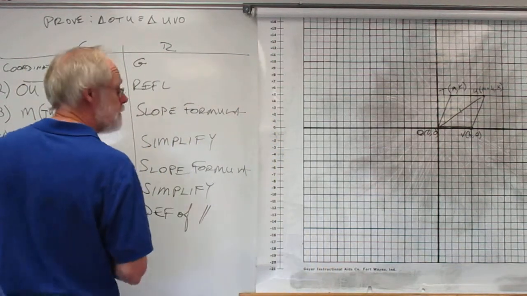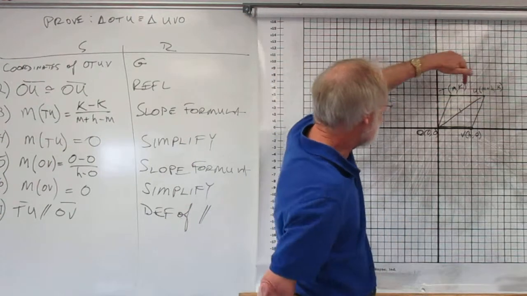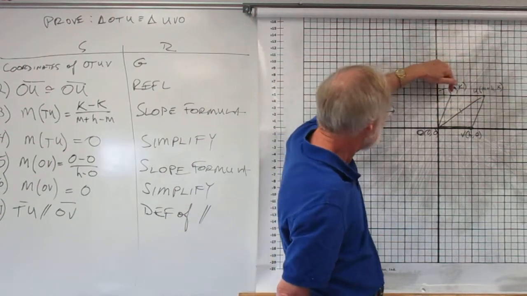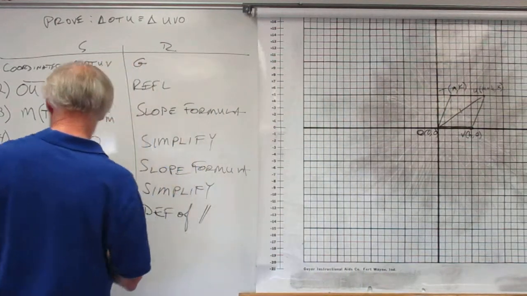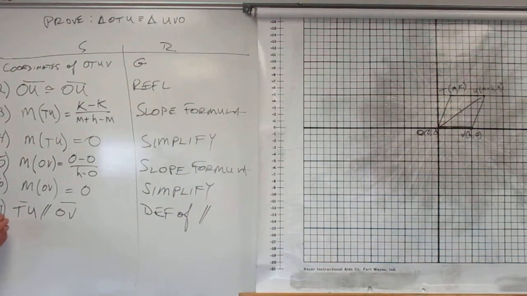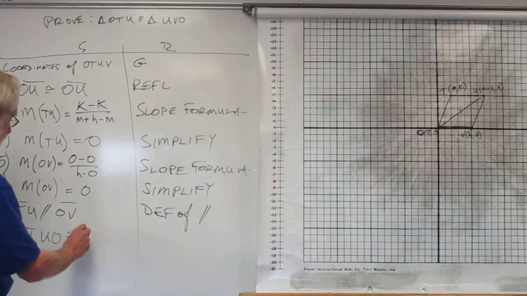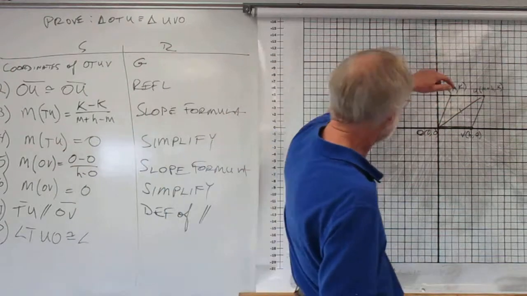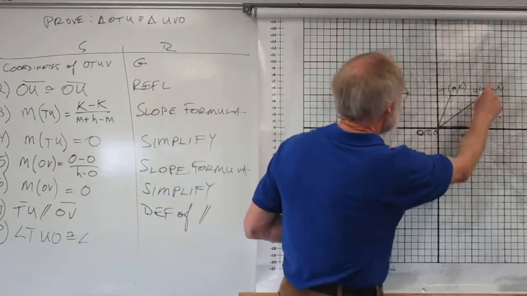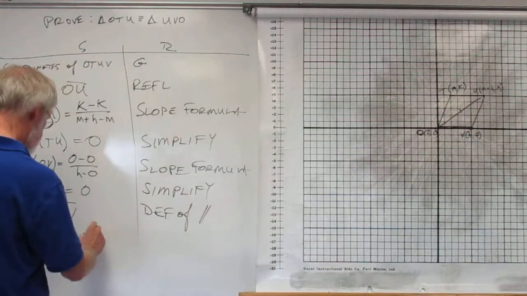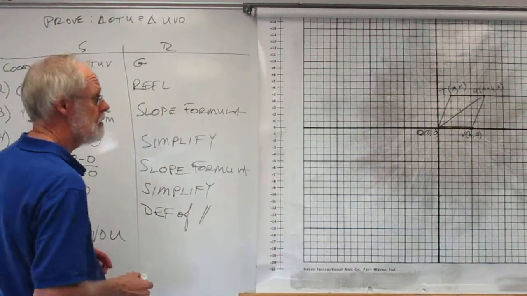All right? Now notice what that allows me to do. I can now say angle TUO, so I'm going here, that was 7, this is 8. Angle TUO is congruent to angle VOU.